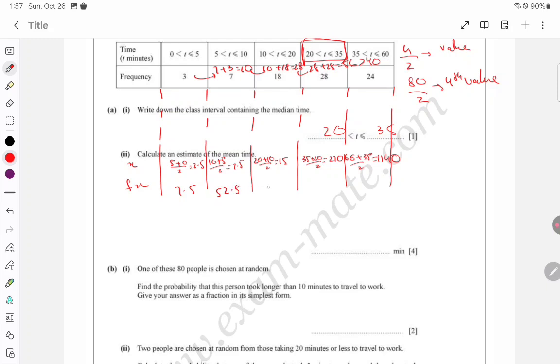And the 15 into 18 is 270. 27.5 into 28 is 770. And 47.5 into 24 will be 1140.